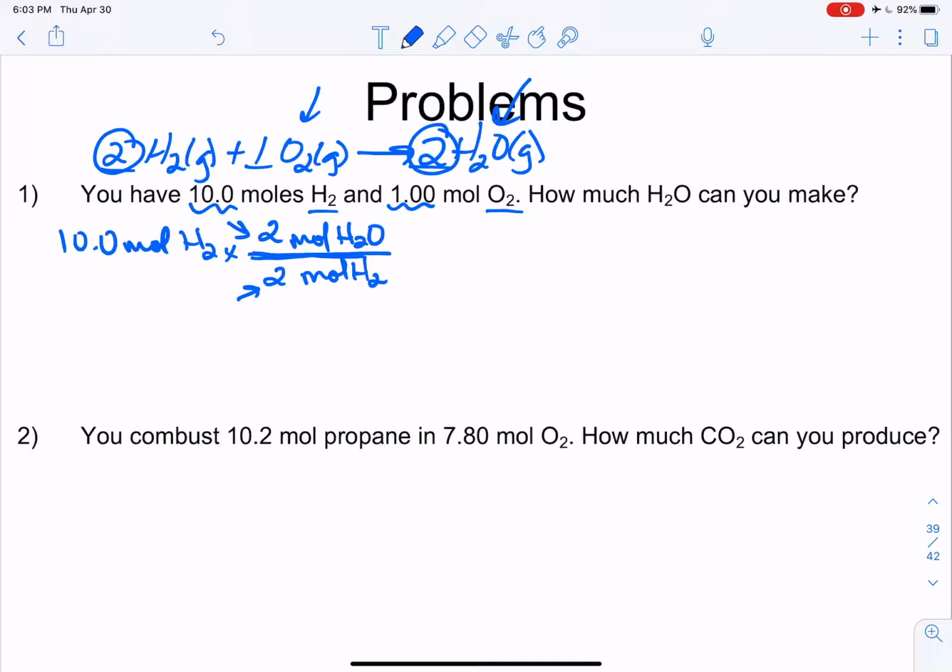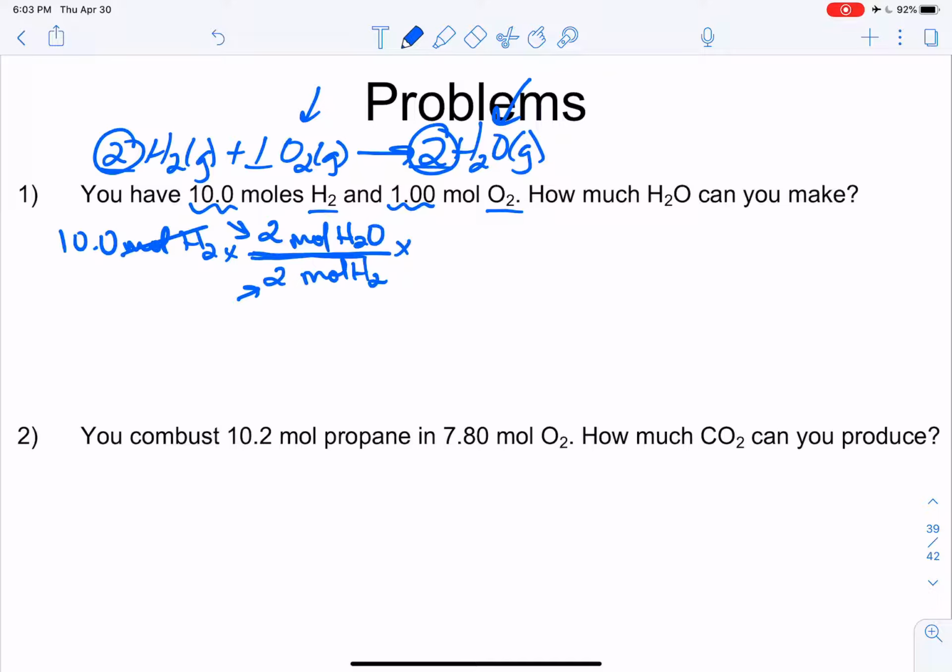Now, like we did in the other lectures, if mole bothers you, just cover it up with your finger and say to yourself, okay, for every 2 H2s that I use, I'm going to produce 2 waters. And yes, you can reduce the 2 over 2 to 1 over 1, but you know what? Most of us will just leave it like that for simplicity.